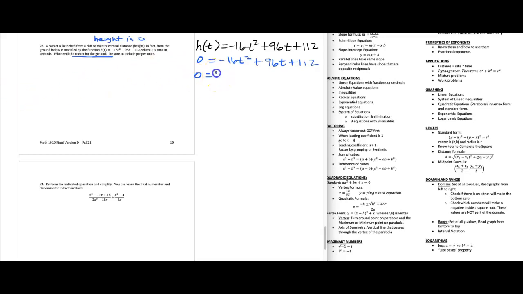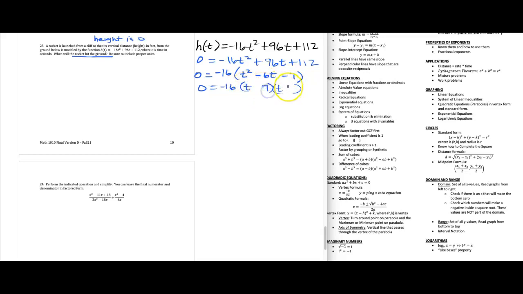And once we take that out, the rest of it to factor is so easy, right? So if I factor out that negative 16, I'm left with t squared minus 6t, and then 112 divided by negative 16 is negative 7. All right, and then I can factor that further. So what times what is negative 7 that adds to be negative 6?